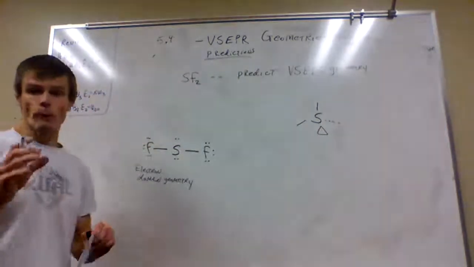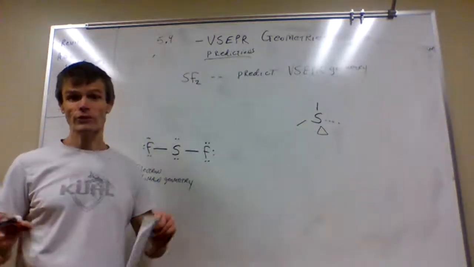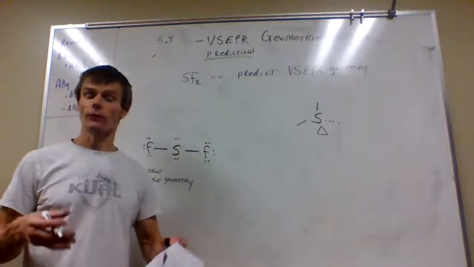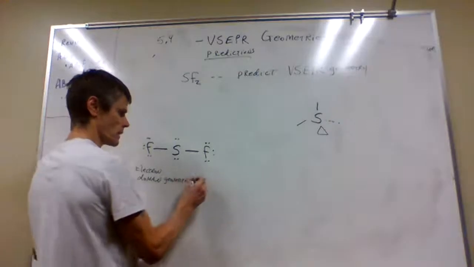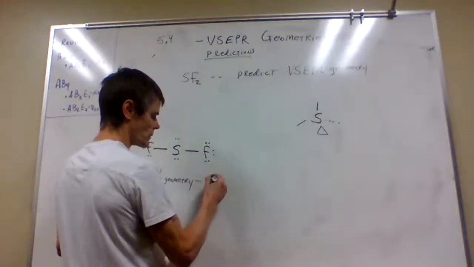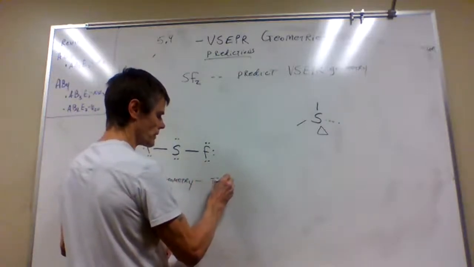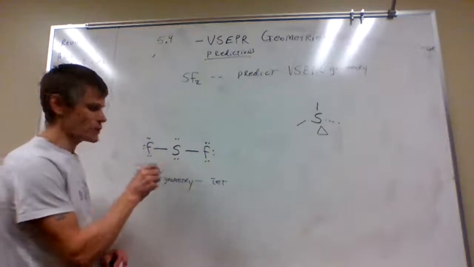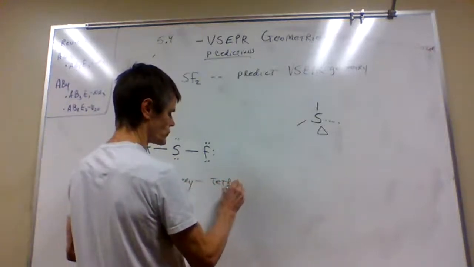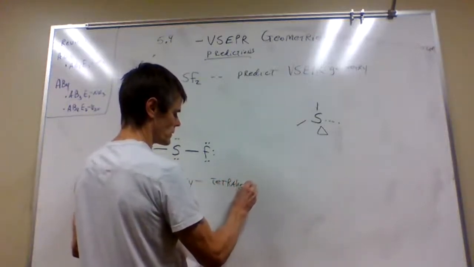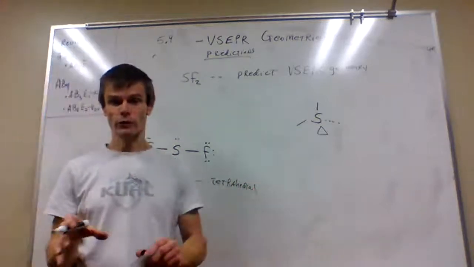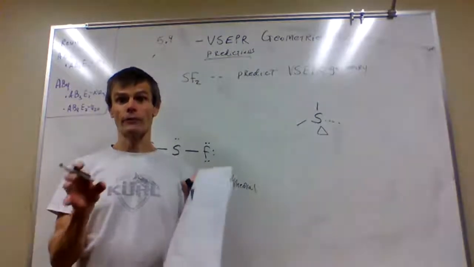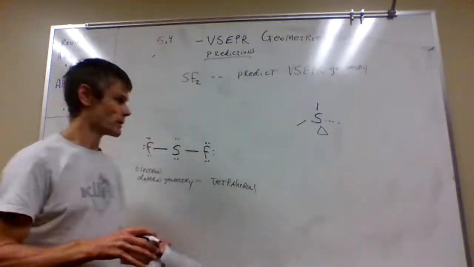So remember, when there are 4 regions of electron density, or 4 electron domains, as another way of saying it, around a central atom, we're going to predict that the electron domain geometry is tetrahedral. And understanding the electron domain geometry will help us derive the molecular geometry.